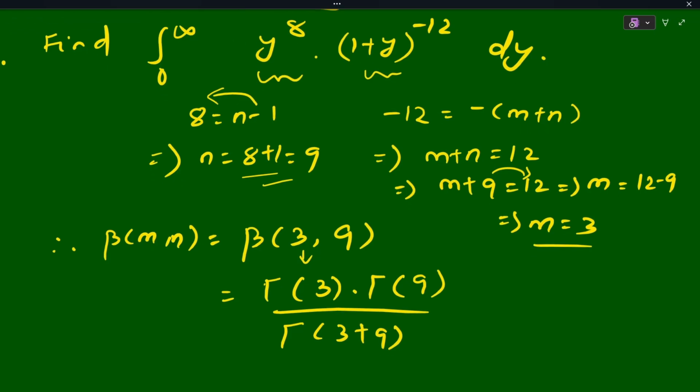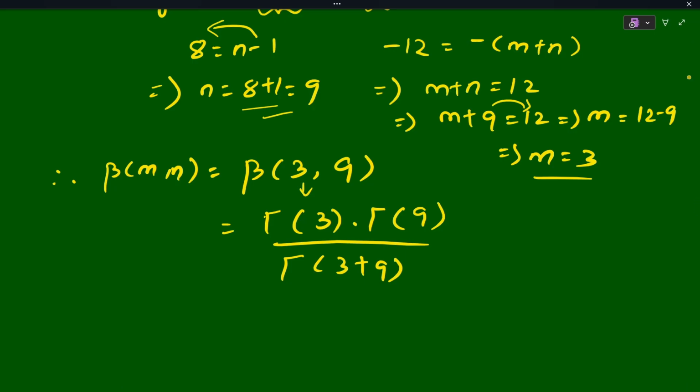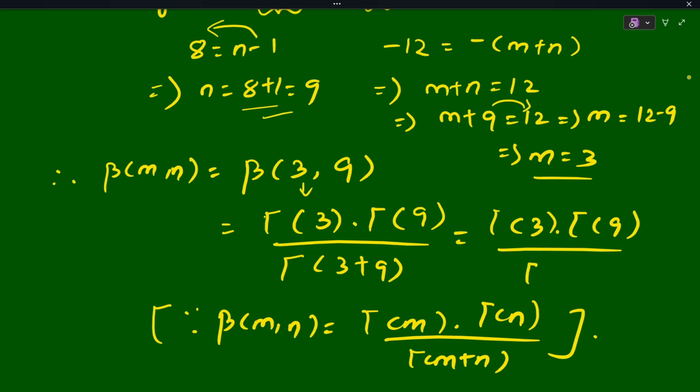You have to calculate this one using the formula. So here you have to calculate this value also: gamma 3 into gamma 9 by gamma 12.